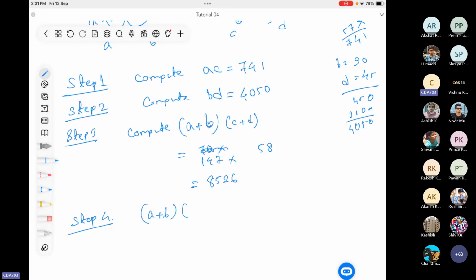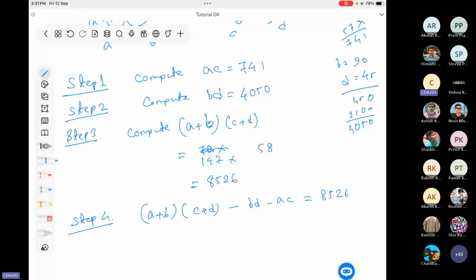Whatever we are getting in here, this minus AC minus BD, whatever order you can say.